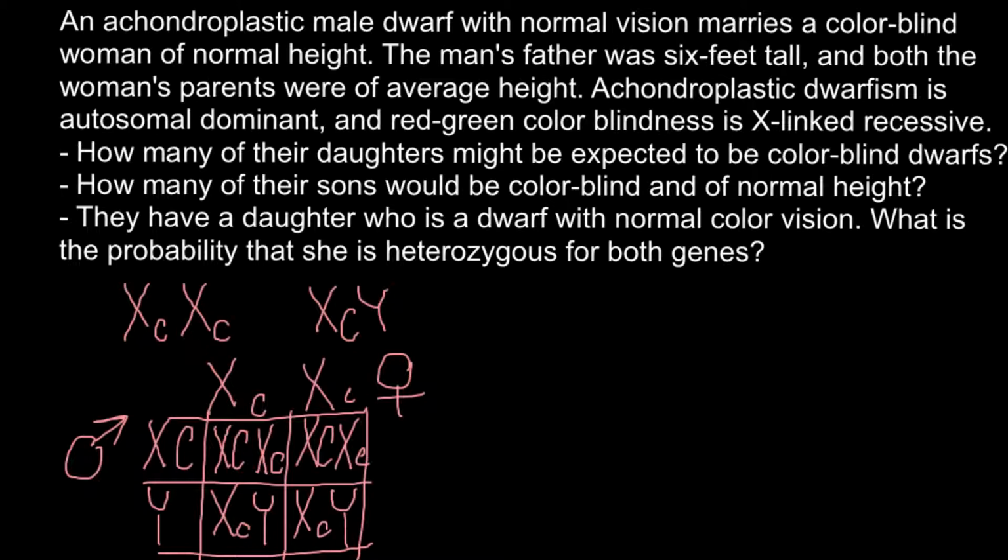So as you see, 50% of the progeny would be males and 50% would be females, and all the females would have normal vision, because they would have two X chromosomes, and one X chromosome would have a normal allele from the father's side. So the answer for the first question, how many of the daughters might be expected to be colorblind dwarfs, is 0%.